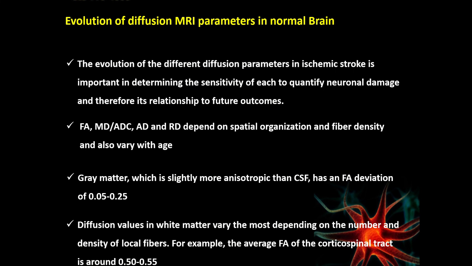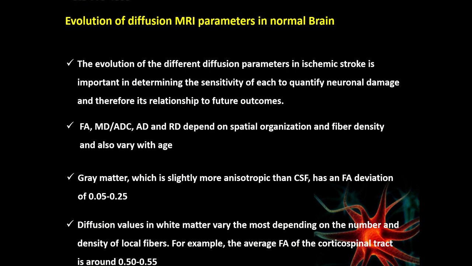The evolution of the different diffusion parameters in ischemic stroke is important in determining the sensitivity of each to quantify neural damage and the inference in its relation to future outcome. FA, MD (or ADC map), AD and RD depend on spatial organization and fiber density and also vary with age.